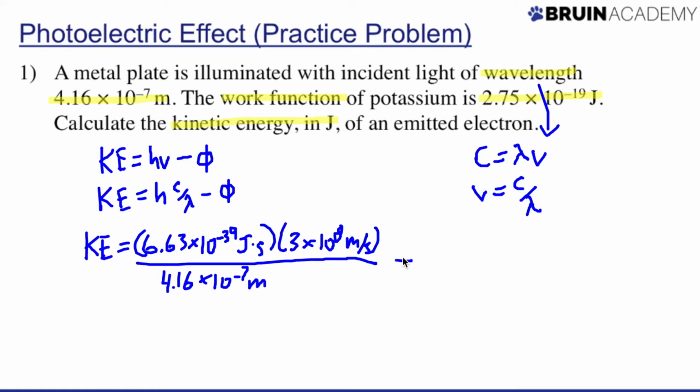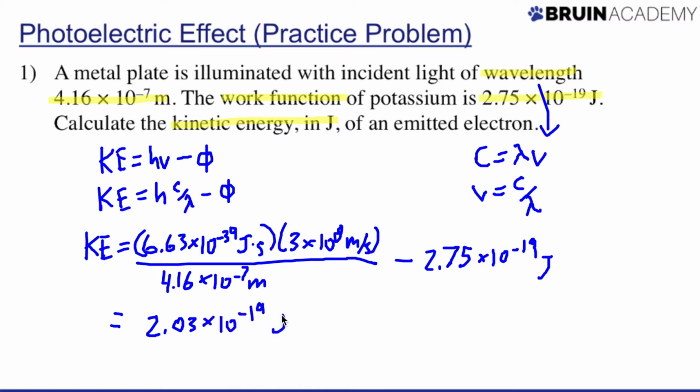And then I subtract the work function, which is given to me as 2.75 times 10 to the negative 19 joules. And then, of course, you put this in your calculator. You're always given a calculator on your exam, whether it's a quiz, final, or midterm, and you should get 2.03 times 10 to the negative 19 joules.